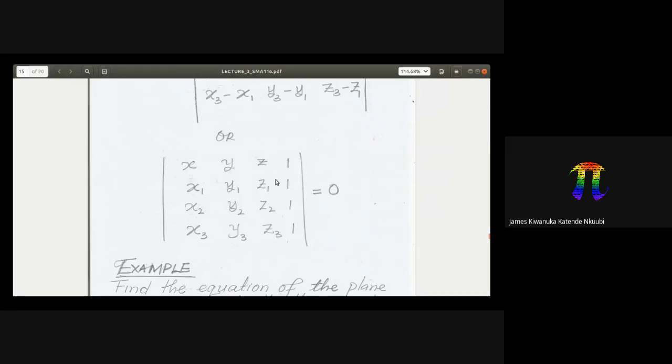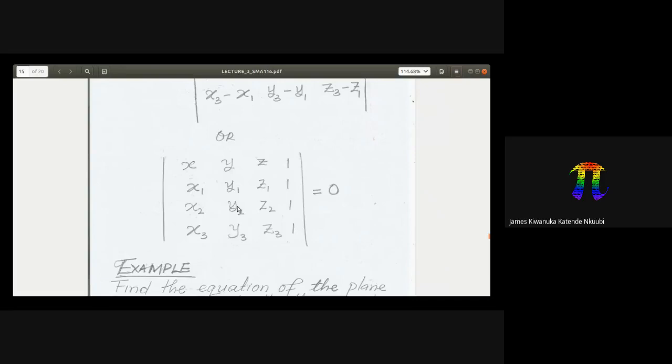So this one simply means you list the components of any point on the plane first as x, y, z. Then the components of the first point that is known, the components of the second point that is known, and the components of the third point that is known. And then add a column on the right that is all ones.